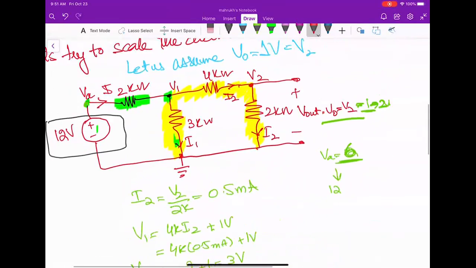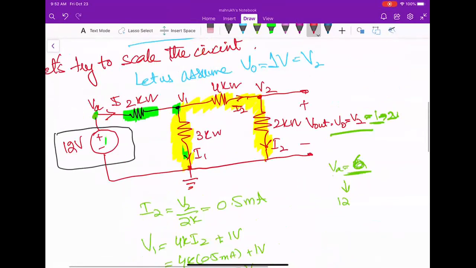I have a question. Once you scale that to 2 volts, does anything else change within the circuit? What does that affect? Okay, so we did not calculate V naught first, right? We just assumed V naught as 1 volt. So the currents that we calculated using our assumptions are not the actual currents.